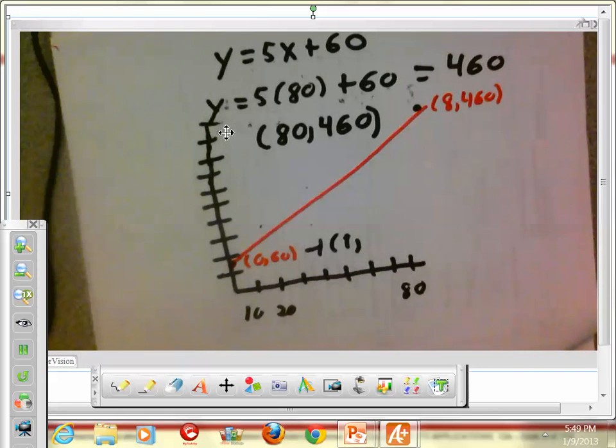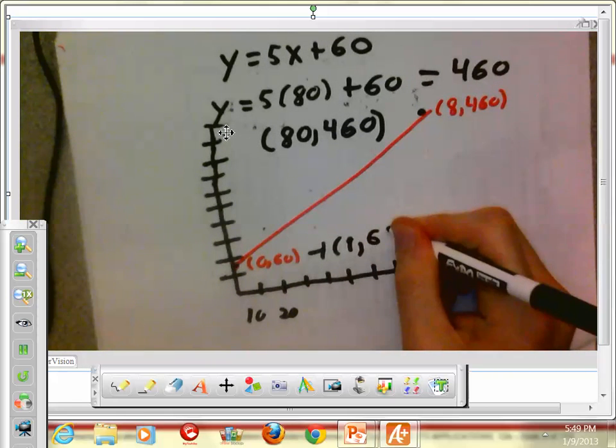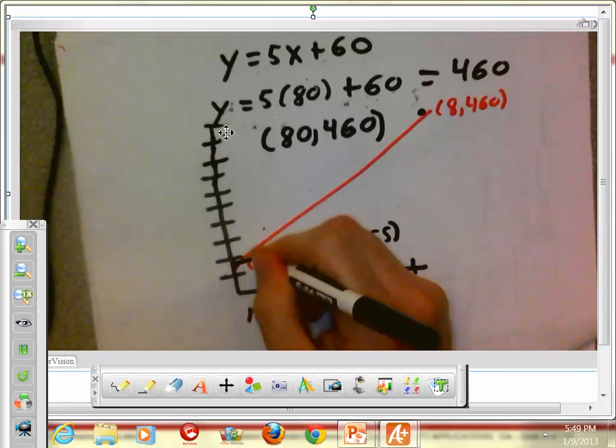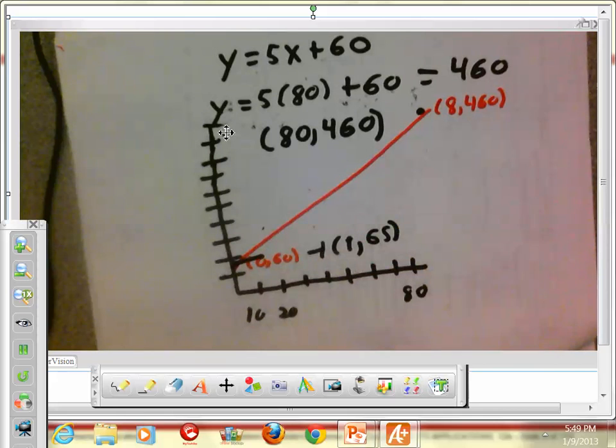So if you sell 1 more, how much more do you earn by increasing by 1 unit? 5. So we go from 60 to what? 65, right? So if I were going to go forward 1 unit, I would go 10, 20, 30, 40, 50, 60.